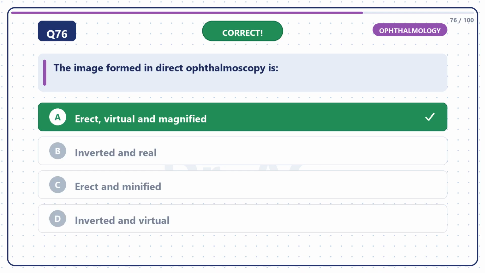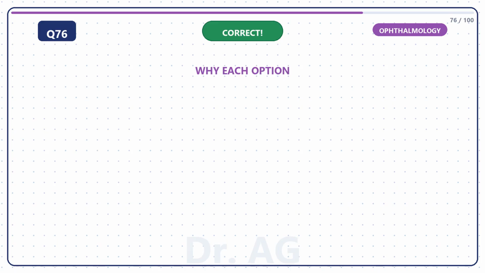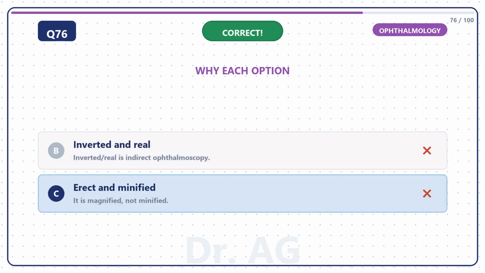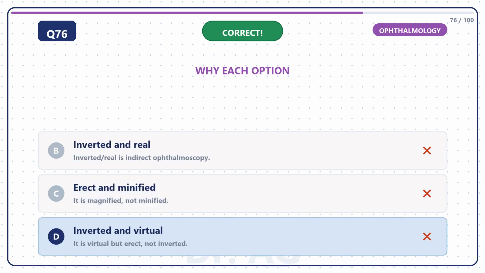The correct answer is option A. Erect, virtual and magnified. Let's go through the options. Inverted and real. Inverted real is indirect ophthalmoscopy. Erect and magnified. It is magnified, but it is also virtual. Inverted and virtual.